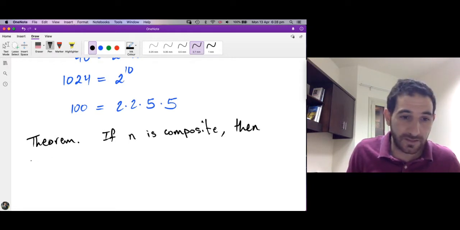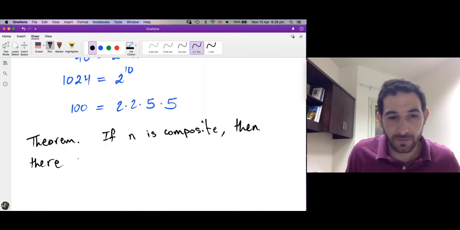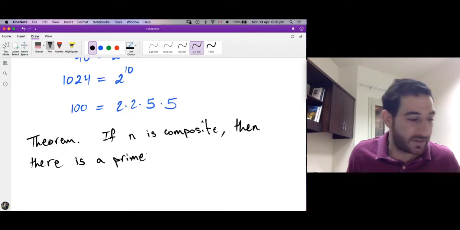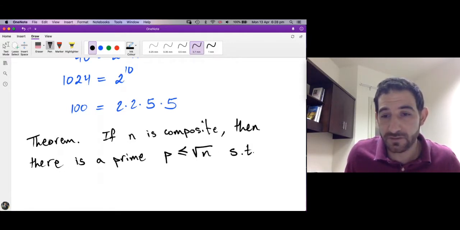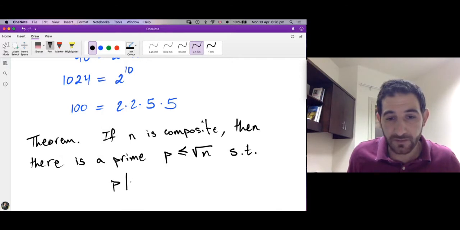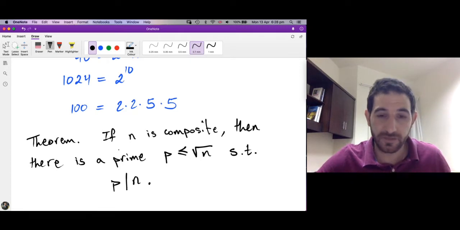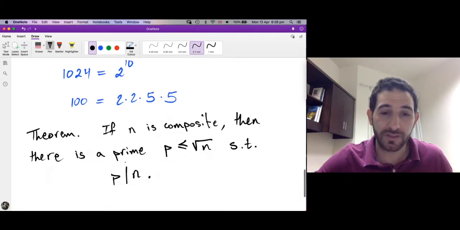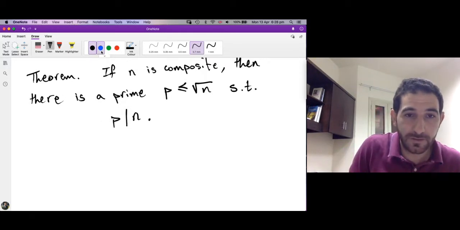Then there is a prime, say p, which is less than or equal to the square root of n, which is a divisor of n, such that p divides n. Okay, and this is a very nice theorem. You will see why if you compute its contrapositive. But first let's prove it.